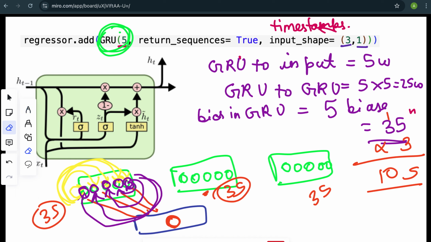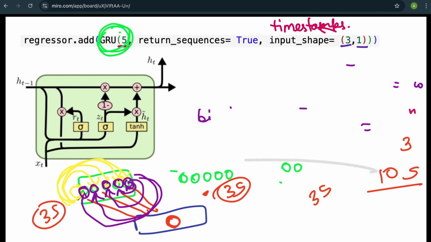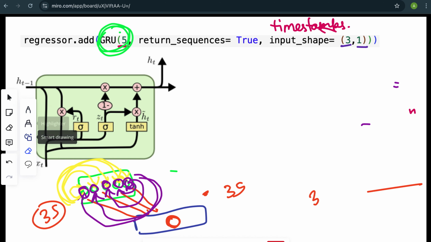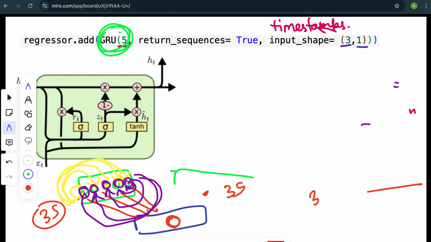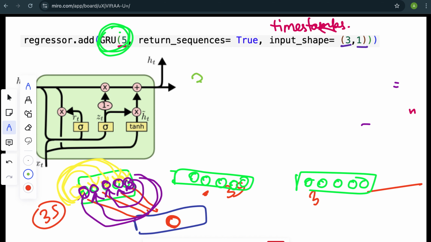Let's try to do it with the help of the formula. So its formula is also the same. First of all, write 3, because 3 represents how many boxes there are.